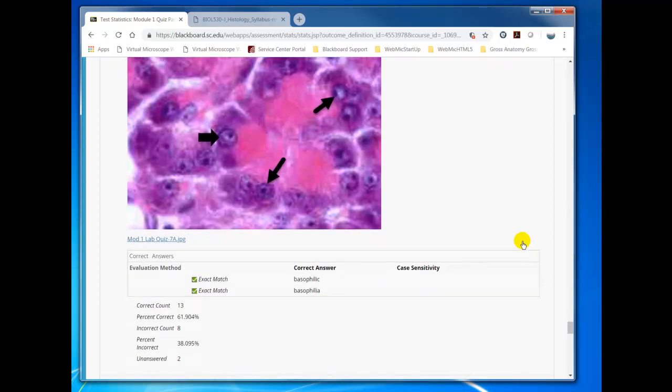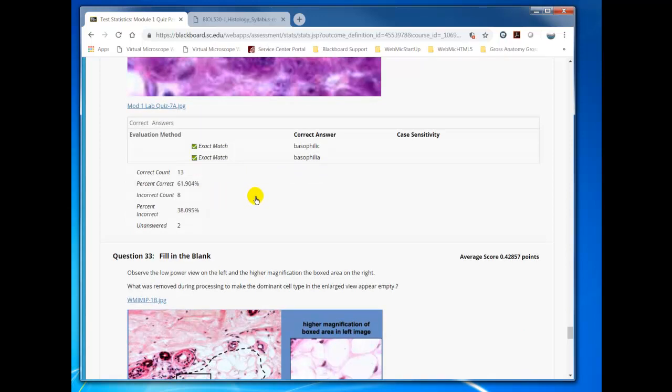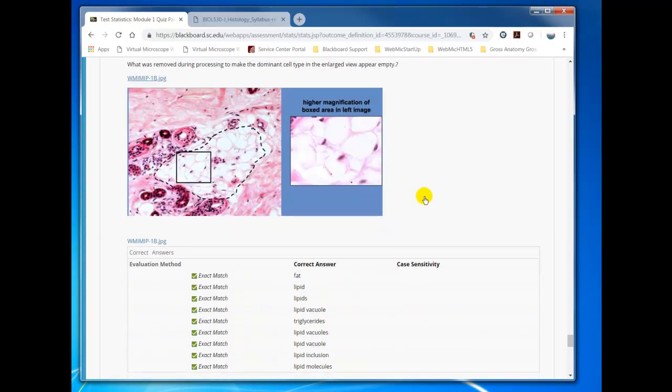The hematoxylin has a basic, instead of acidic, charge, and so therefore the dye attracts basic structure, so it's basophilic, and so it's the nucleic acids in here, and the ionization of the phosphate groups that is really complexing with the positive charged hematoxylin. 61% of the class got that question correct.